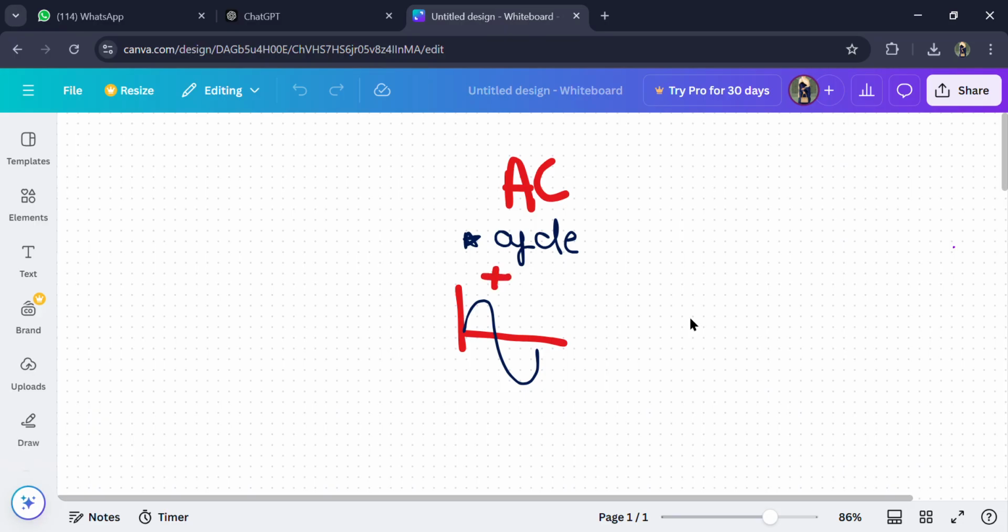This is called a node, from this point to this point. Measurement of one complete cycle is equal to one positive node and one negative node. Okay, this is the basic definition of a cycle.